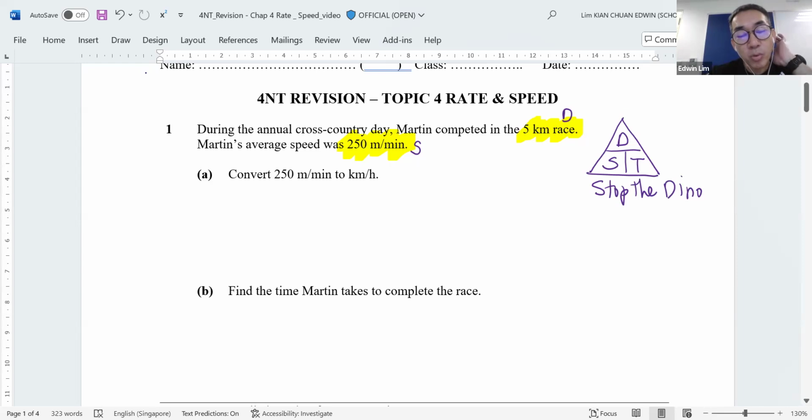So I'm going to the first question first. A, convert 250 meters per minute to kilometers per hour. When I see this question, I will need to write 250 meters per minute as a fraction first.